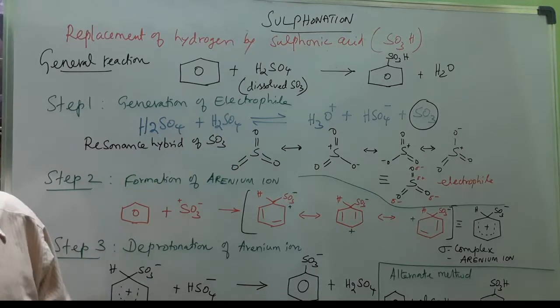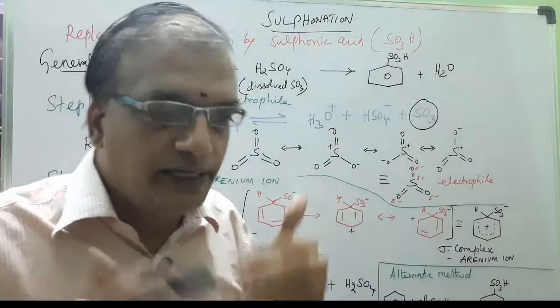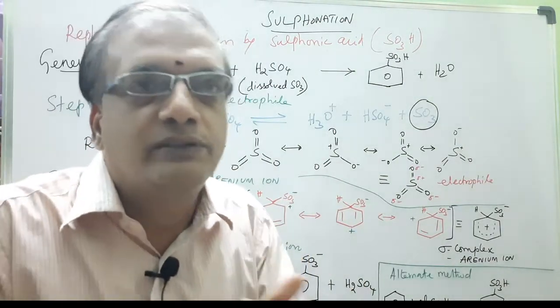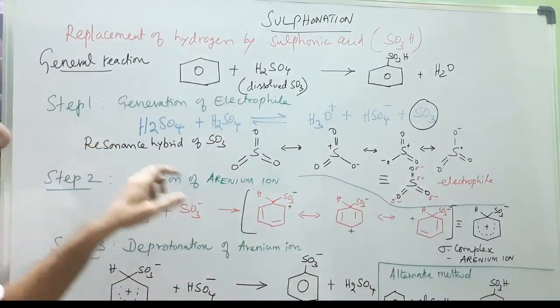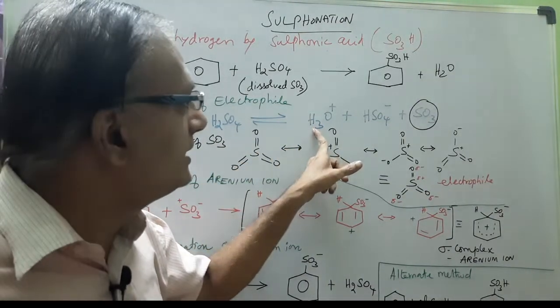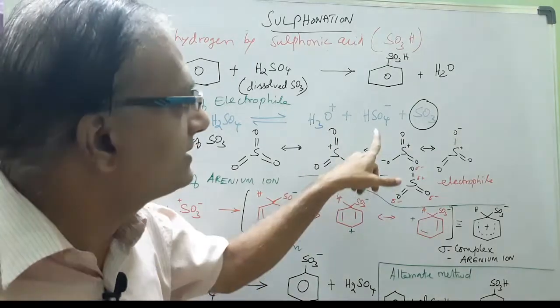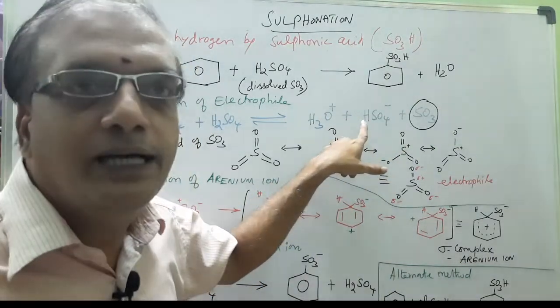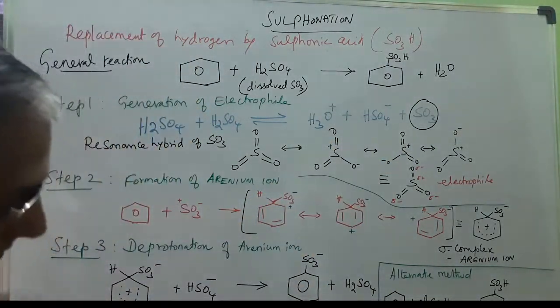Don't think that the H2SO4 molecules are reacting together. Within the H2SO4, how the electrophile is generated is the main focus. H2SO4 and H2SO4 give you H3O+, the hydronium ion, plus HSO4-.